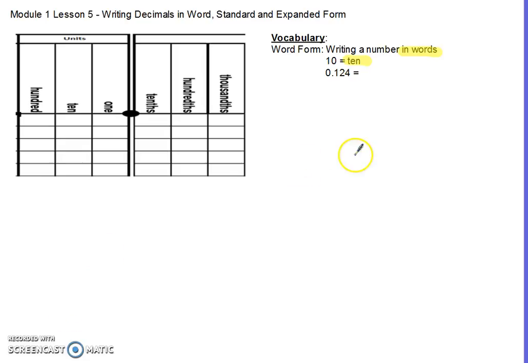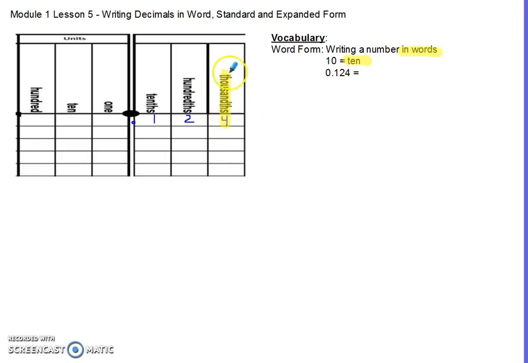So what if we had the decimal 0.124? First, I like to insert that number into my place value chart. So here's my decimal, and I have 1, 2, and 4. When you are saying it in word form, you always want to look at the very last number in the decimals.